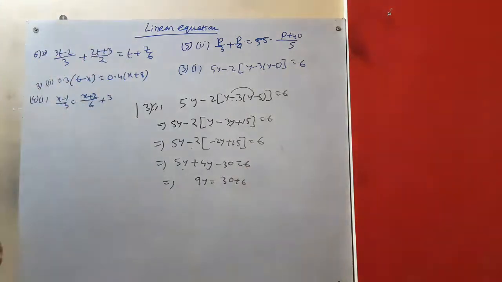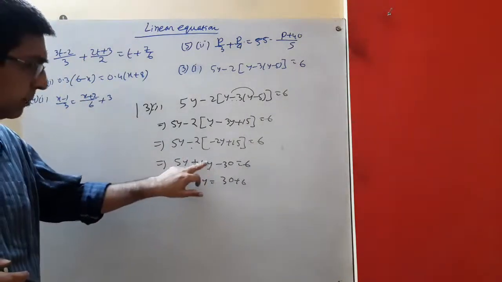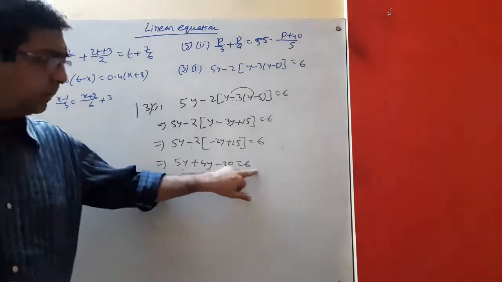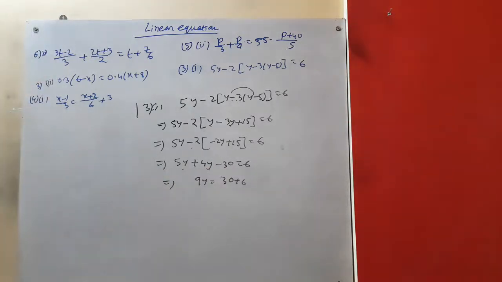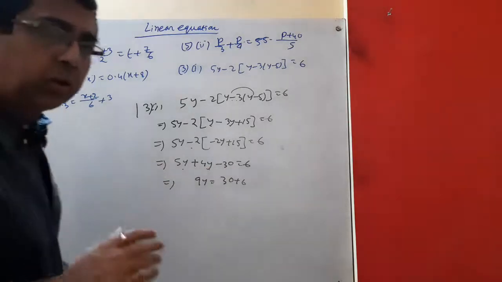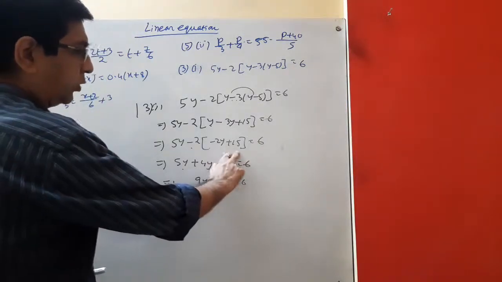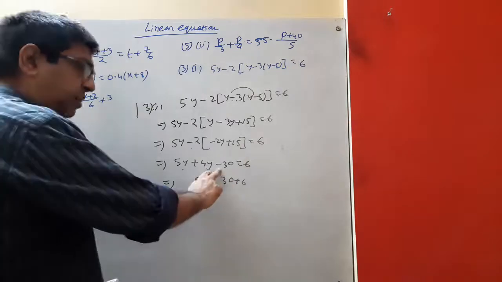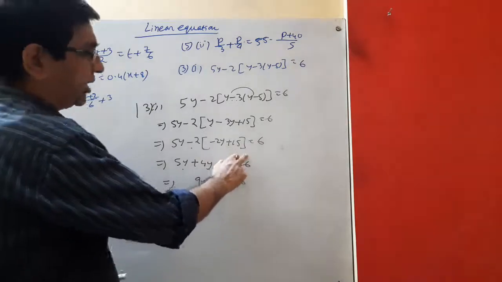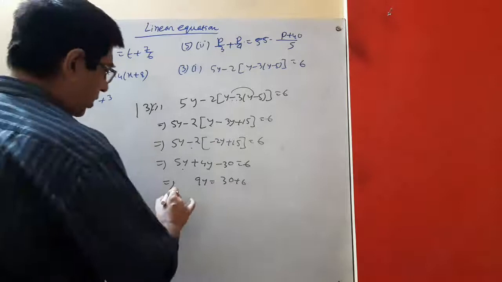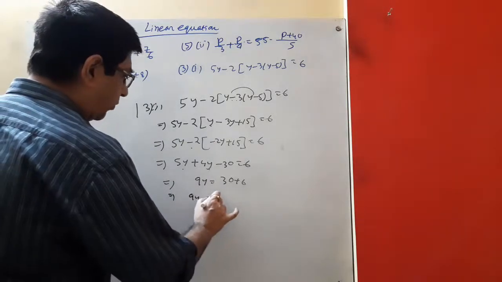One thing I want to say. Here minus 30 is moving to this side, so there will be a sign change. Whenever it transfers to this side, it will be plus. If it is plus, whenever it transfers to this side, it will be minus. That's the opposite sign. So now 9y equal to 36.